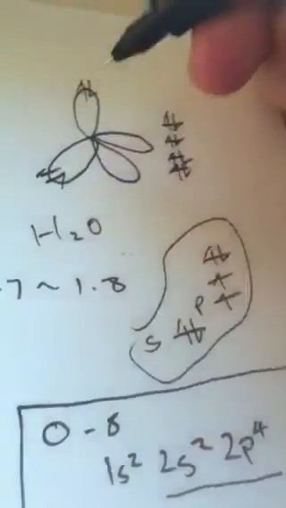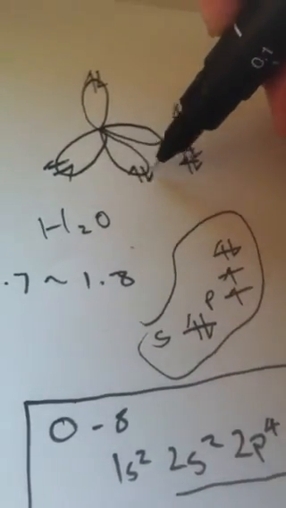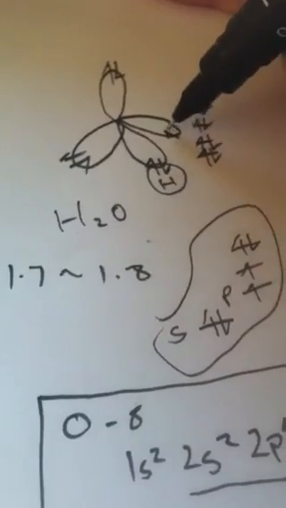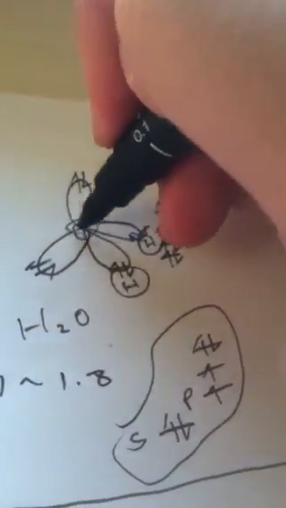Those are the lone pairs, and these are the ones bonding with hydrogen. That is sp2 hybridized. What is sp3? I think it's sp3 hybridized. And this is the oxygen atom. That is the real explanation for it.